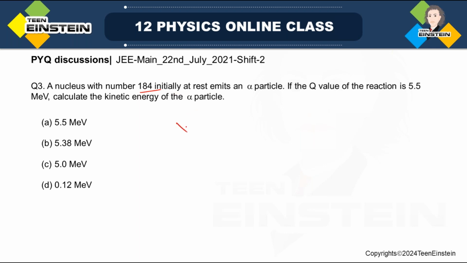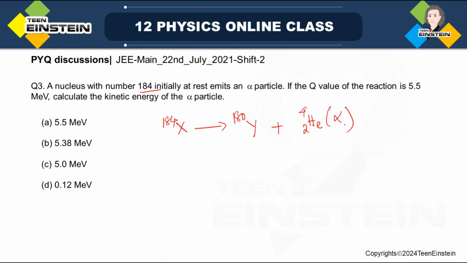Suppose this is X. It has a certain mass number 184 at rest, and emits an alpha particle. So the reaction will give 180 here, and the alpha particle I can write as 2He4.